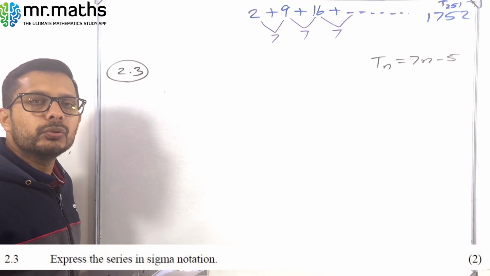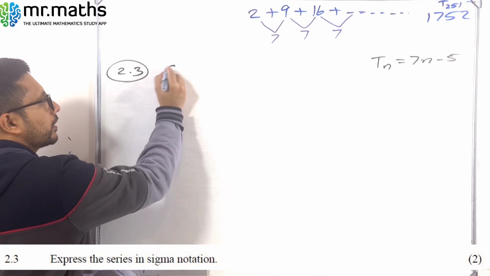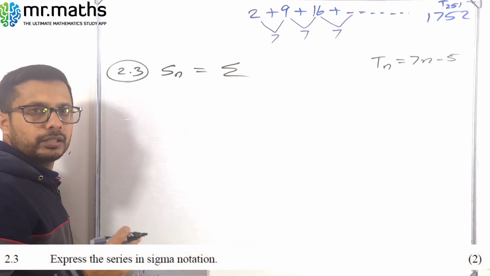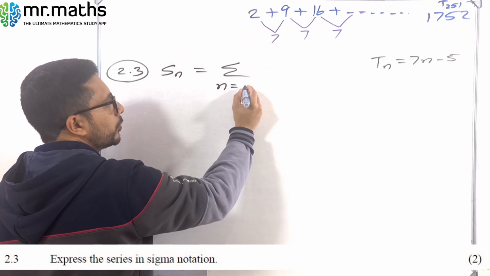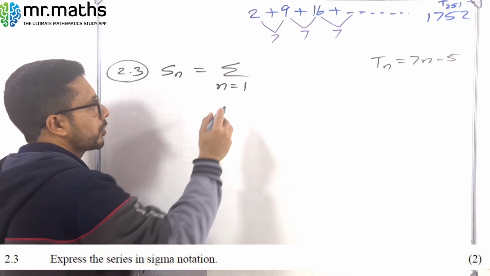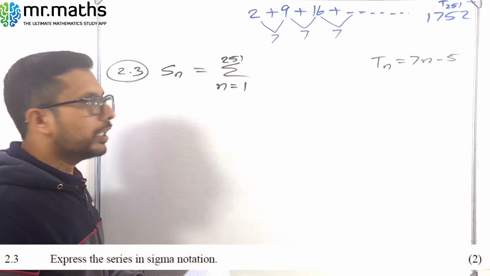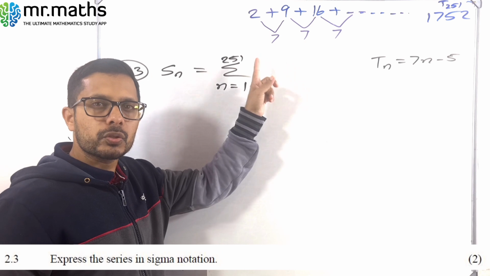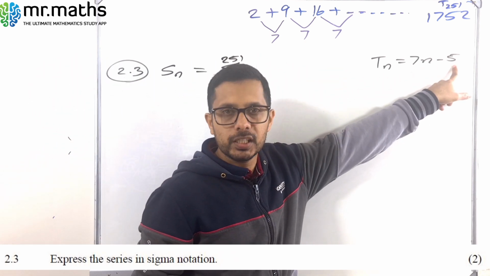So Sn is equal to sigma, n is equal to 1, first term; how many terms are there? 251 terms. So n is equal to 1 to 251, and here you are supposed to write the Tn. In the previous question we already got Tn. What is Tn? 7n minus 5.